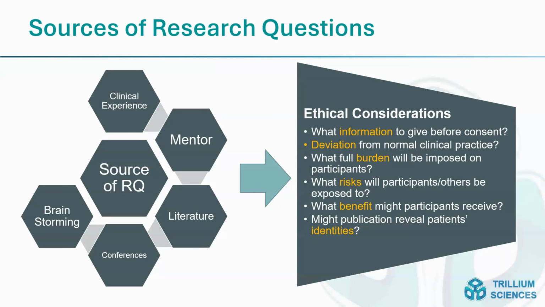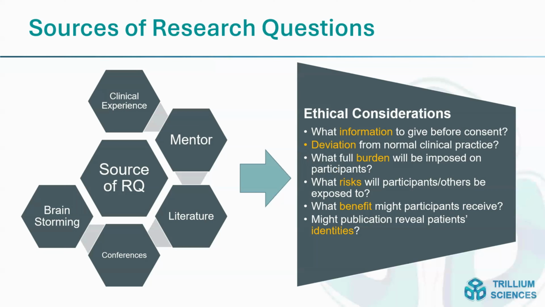And don't forget that there are ethical considerations you have to take into account before settling on a research question. What information to give before consent? Am I deviating from the normal clinical practice or not? What full burden will be imposed on participants? Because sometimes a research question can have a lot of risks. If I'm talking, for example, about a drug that is not approved, I cannot simply say that I want to try it on children.